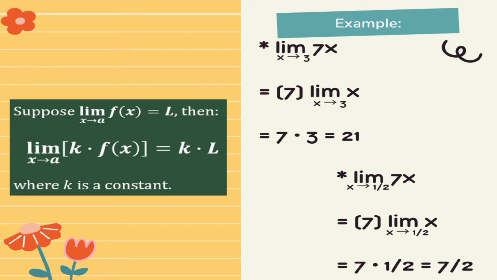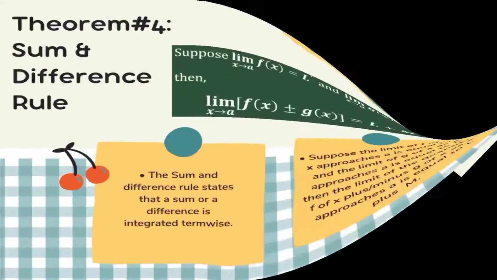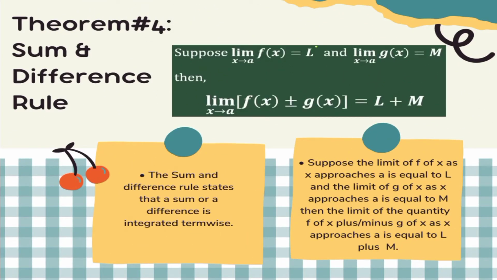So let's proceed to our theorem number 4, the sum and difference rule. The sum and difference rule states that a sum or a difference is integrated termwise. Again, suppose the limit of f of x as x approaches a is equal to L, and the limit of g of x as x approaches a is equal to m.